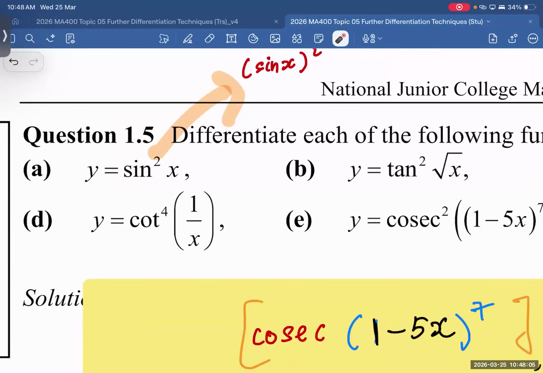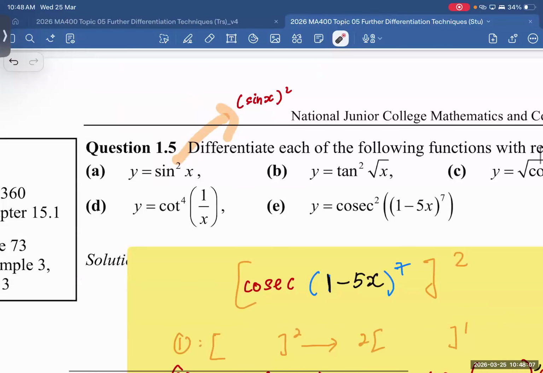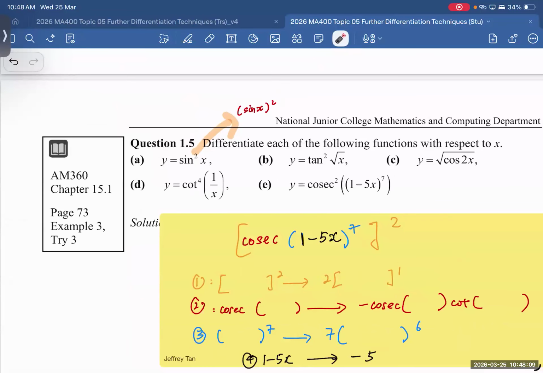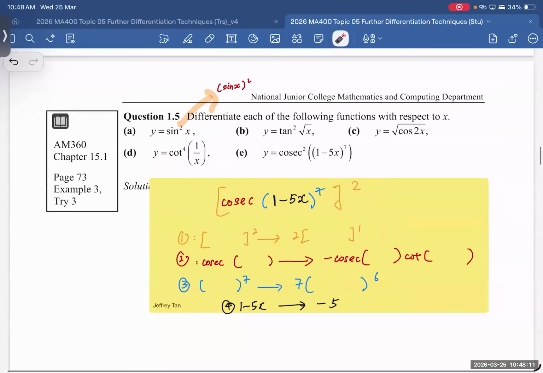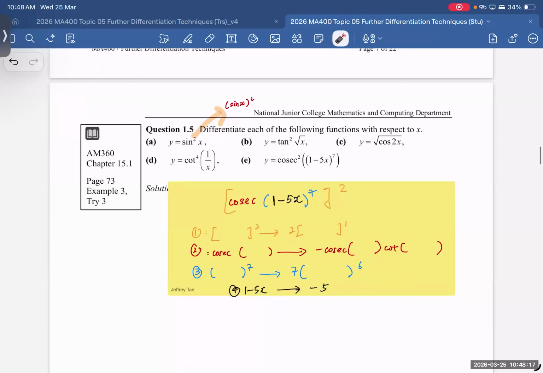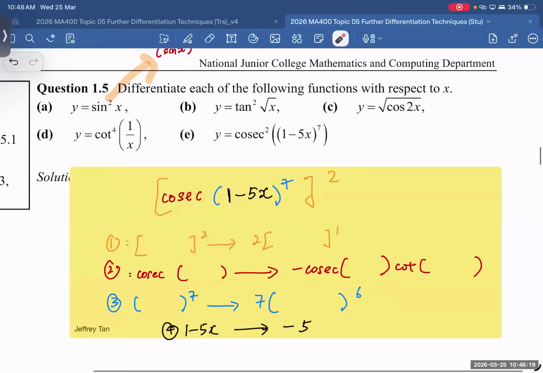Is 1.5 okay for everyone? Do I need to go through? Clear? Any problem?